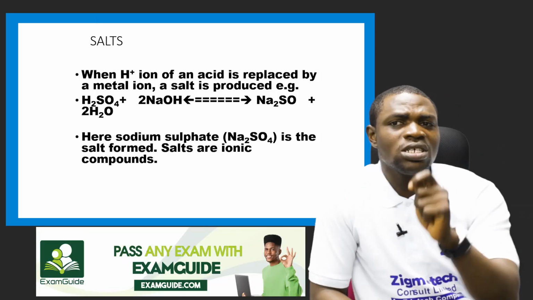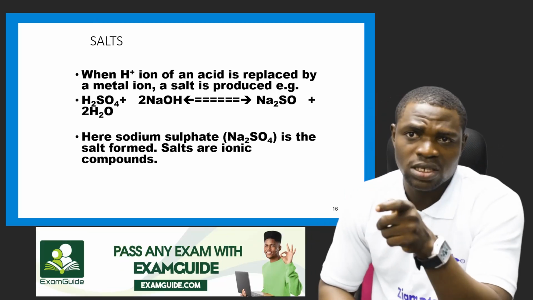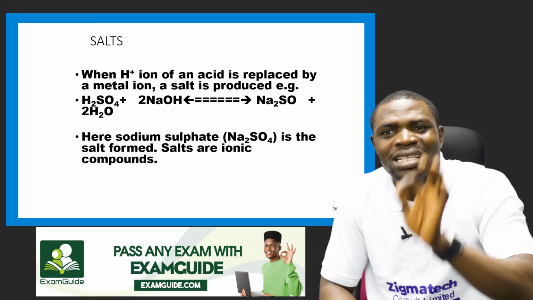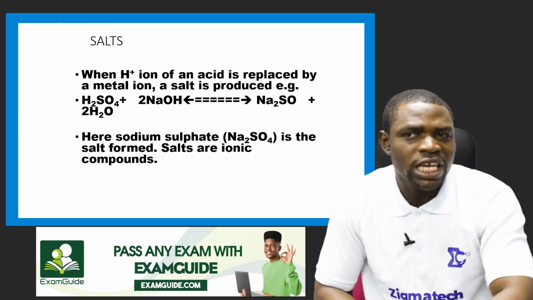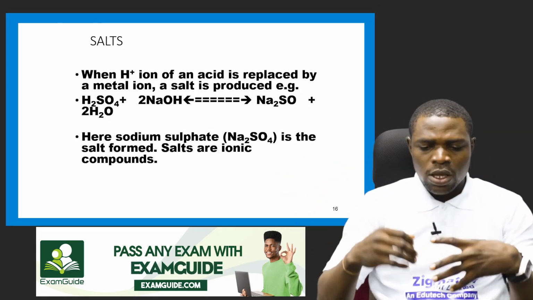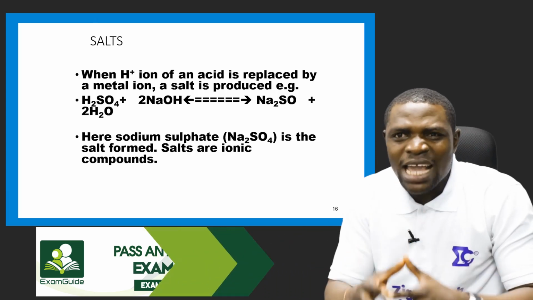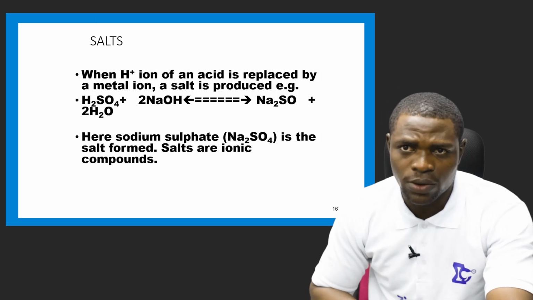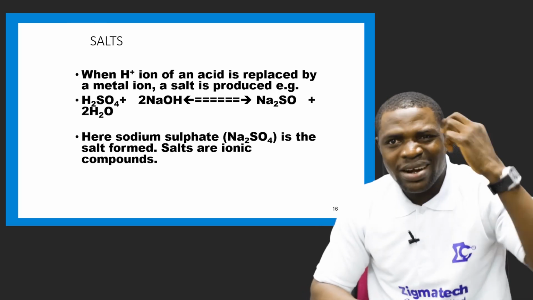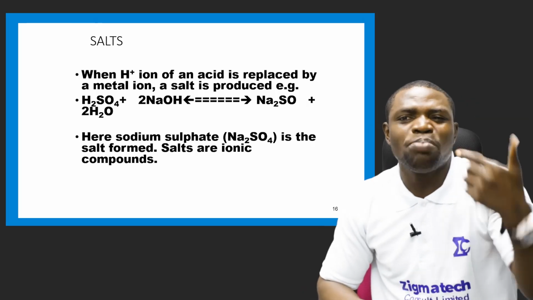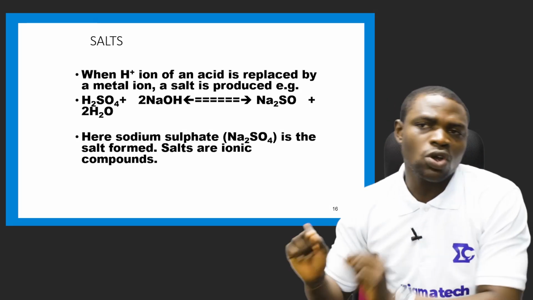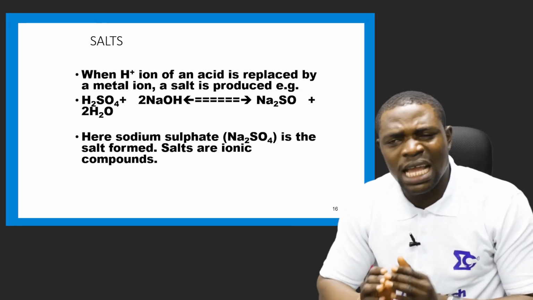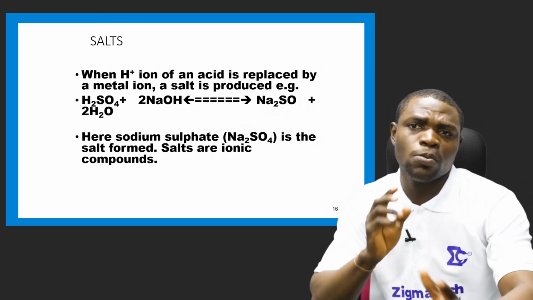Now, when the hydrogen ion of an acid is replaced by a metal or metallic ion, a salt is produced. Can I say that again? When the hydrogen ion, remember, acid produces hydrogen ion, when this ion reacts chemically or is replaced by a metallic ion, salt is produced. Now, can I give a chemical equation to back this up?